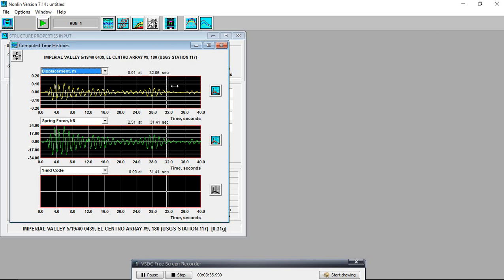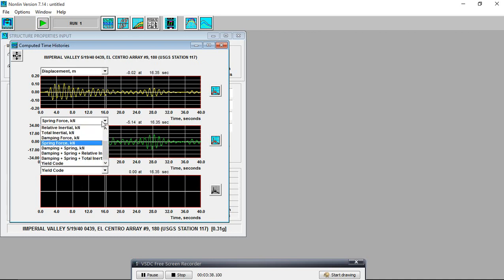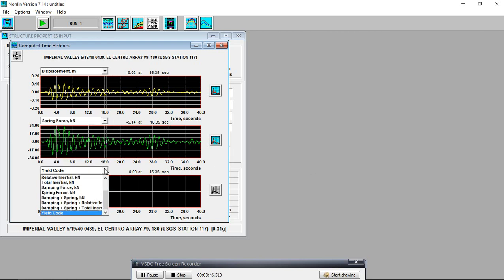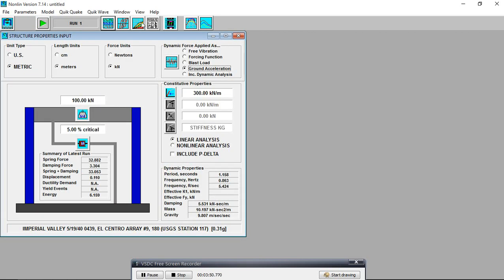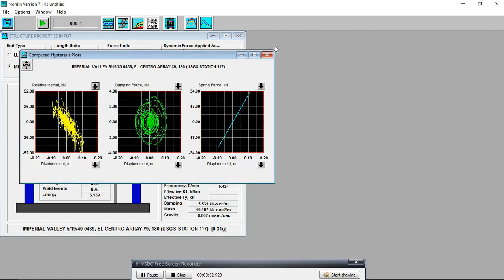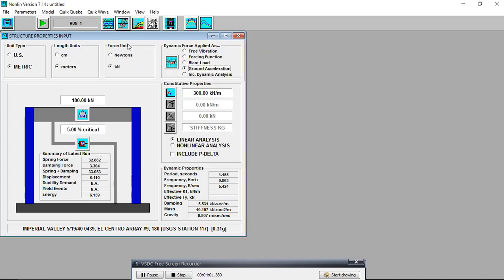Then the displacement, and here also we will get the relative spring force. We don't require these displacement computed hysteresis plots.